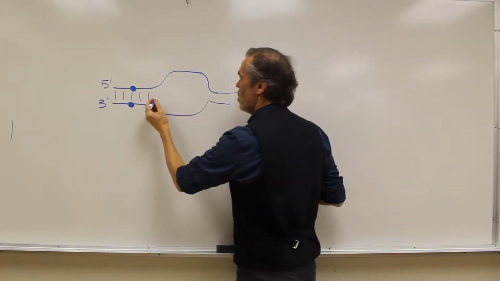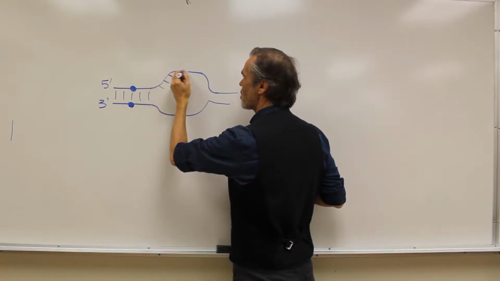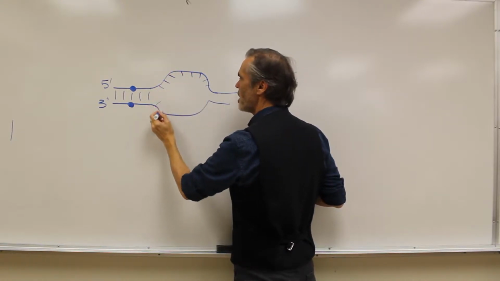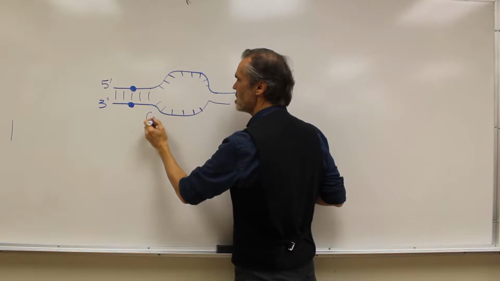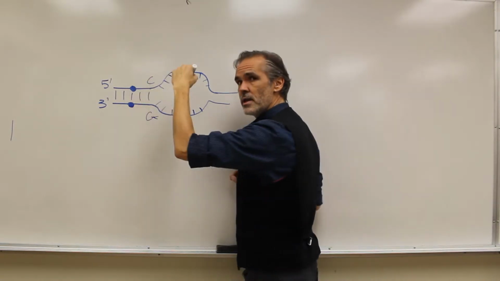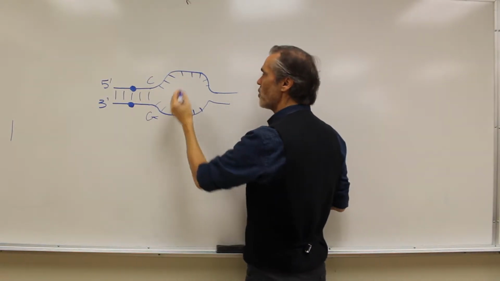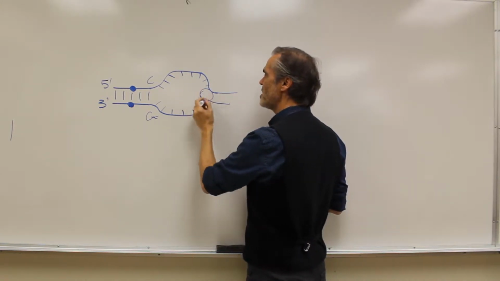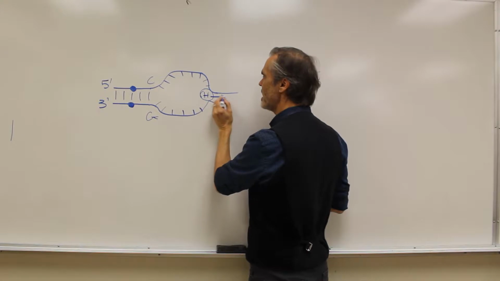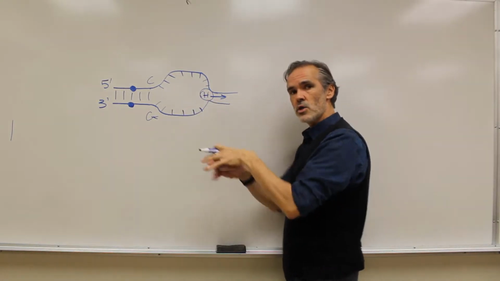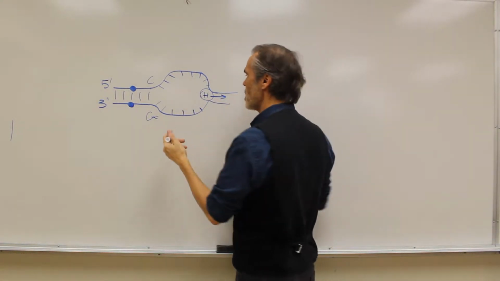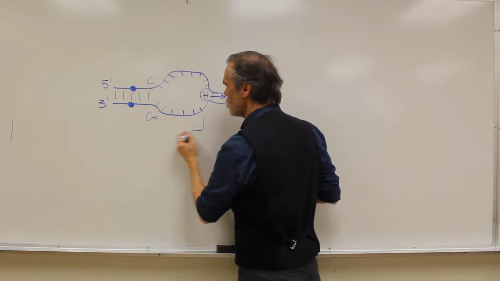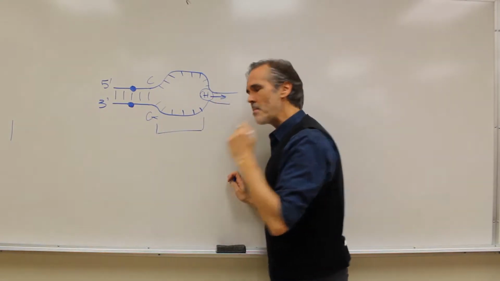These strands are no longer connected with one another: the G's are by themselves, the C's are on the other side, and so on. This part happens because of an enzyme called helicase, which goes in one direction, separating the strands. This portion here is called a replication bubble.